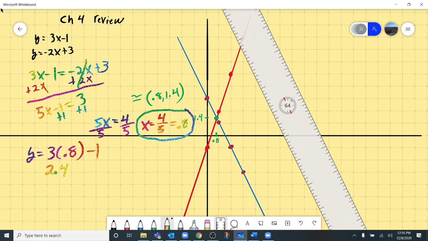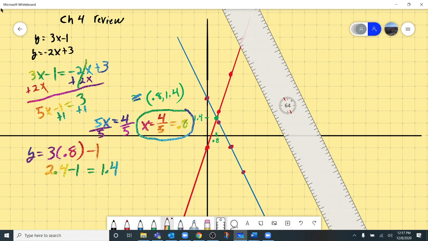Because 8 times 3 is 24, but it's a 0.8, so 2.4 minus 1, which means, hey, that's pretty good. Y would equal 1.4. I guessed on that. I mean, I estimated. I went for 1.4, but that means that we were actually exactly right. It's not approximately, it's exactly 0.8 and 1.4.